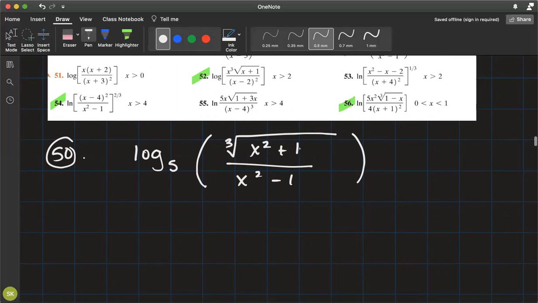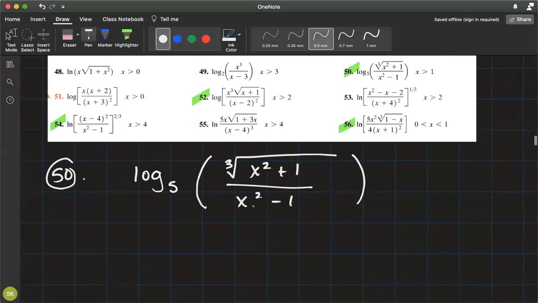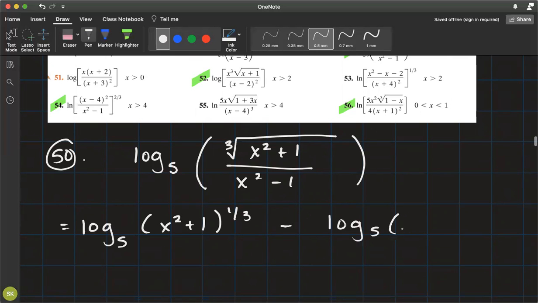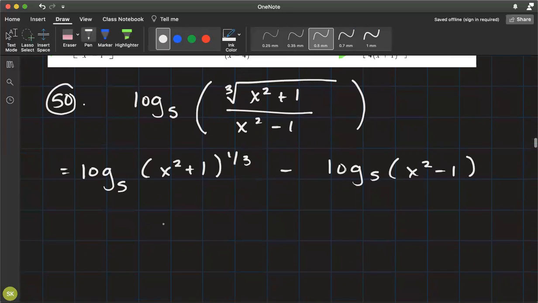Well, we have a division, so we're going to make this into a subtraction on the outside of these logs. So this is equal to log base 5 of x squared plus 1 to the 1/3 minus log base 5 of x squared minus 1. And from here, I can pull that 1/3 to the front.